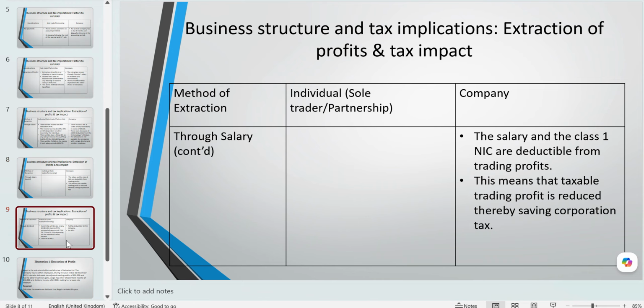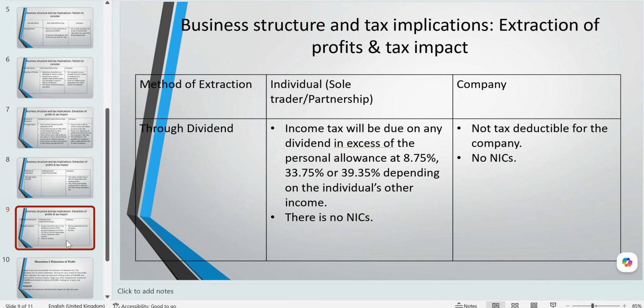When it is through dividend, for individuals, sole traders or a partner in a partnership, income tax will be due on any dividend in excess of personal allowance at 8.75%, 33.75%, or 39.35%, depending on the individual's other income.